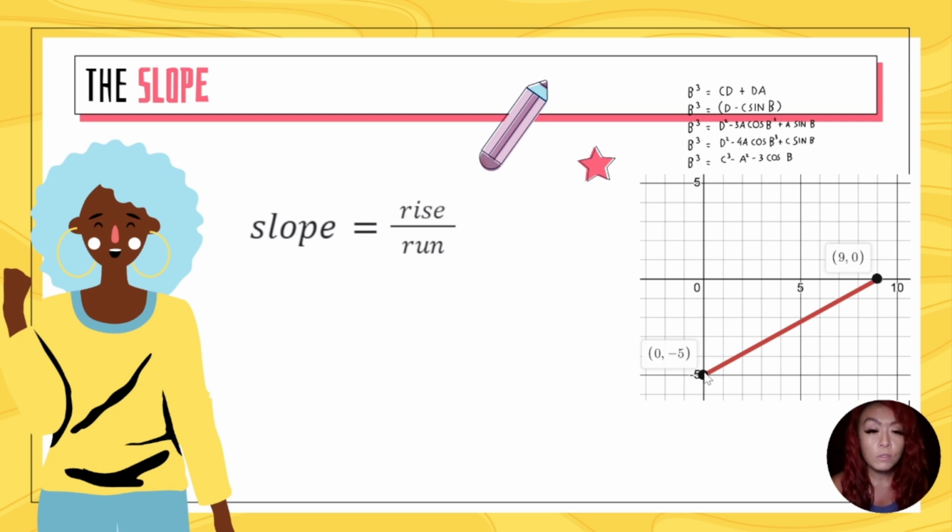So if we start from 0, -5, our rise is 1, 2, 3, 4, 5. So we rise 5, and we run 1, 2, 3, 4, 5, 6, 7, 8, 9. So our slope is 5 over 9.